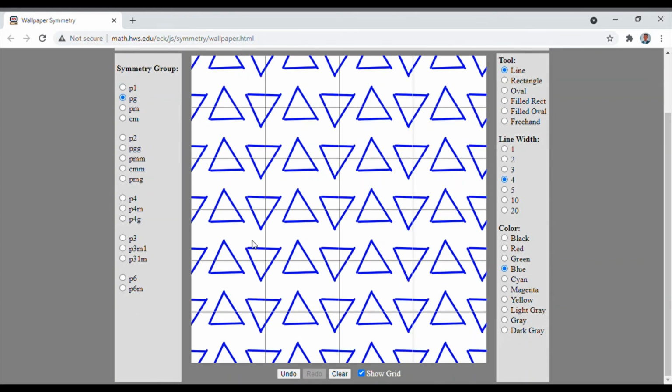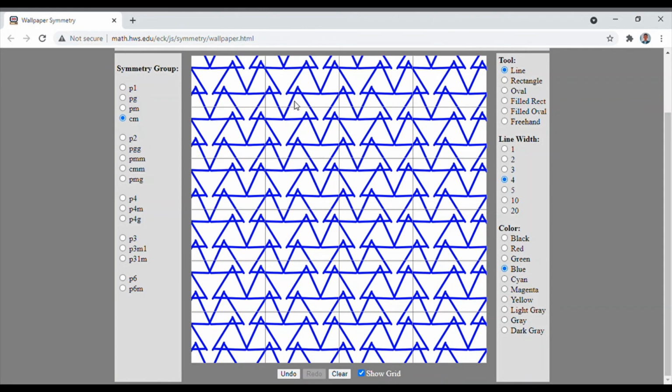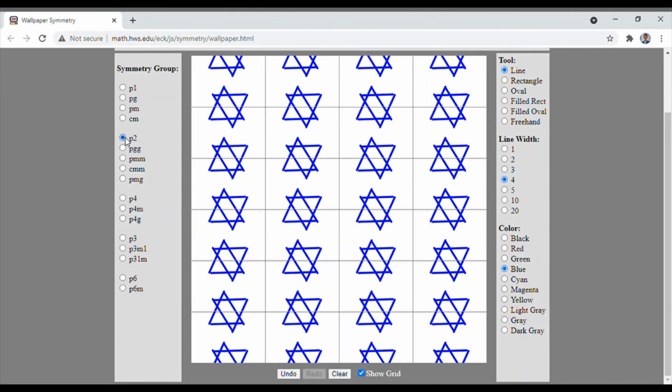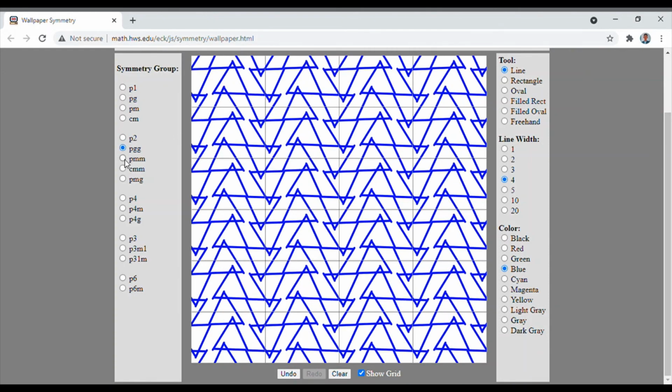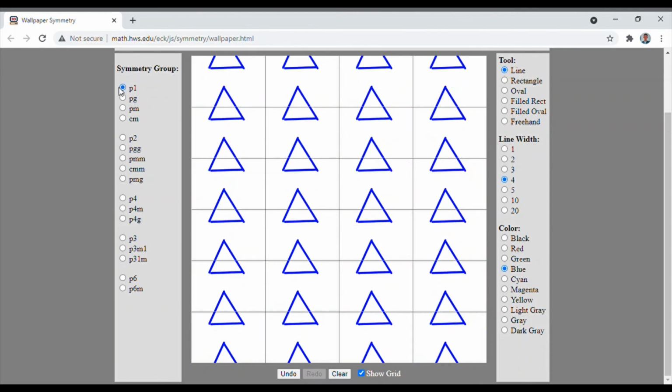As you can see, it adds another vertical line here of triangles being translated. Here we can see a reflection. The CM, we have reflections as well. Let's have the P2. Feel free to explore this one. You can use your creativity to create mesmerizing patterns using the art and science of mathematics.